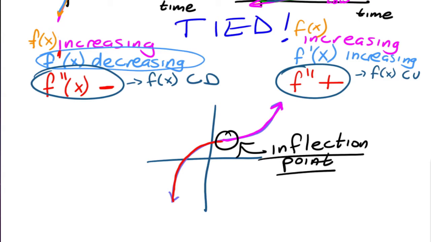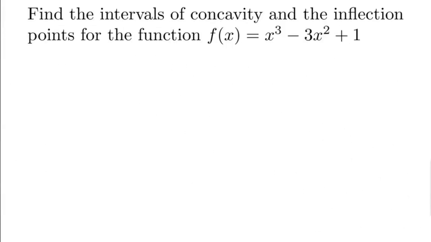Okay, so let's do an example. Okay, so we want to find the intervals of concavity and the inflection points for the function x cubed minus 3x squared plus 1. Okay, so let me do over here, let me write down the steps to follow.